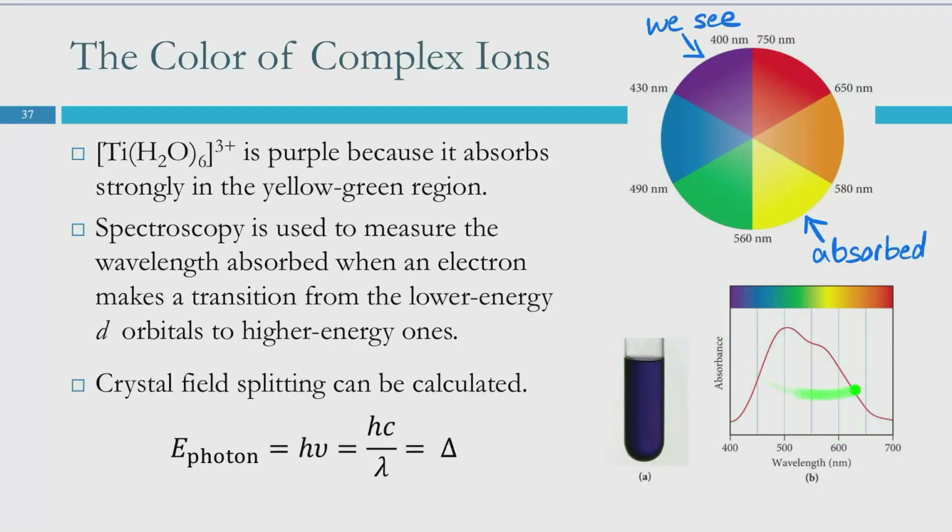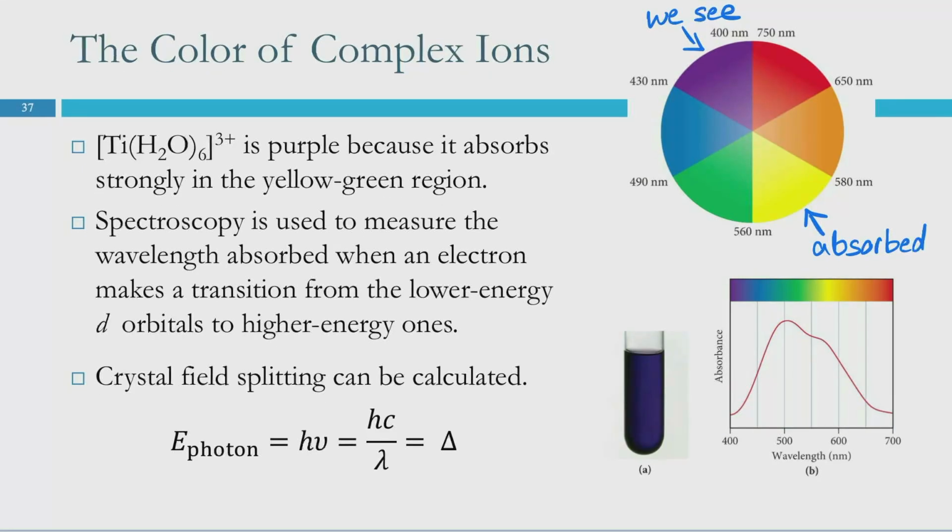If we really cared about getting good high quality results, we would take a look at it with a spectrometer or a spectroscopy device, and then it would tell us all the wavelengths that are absorbed. We did some stuff with this in lab. So that's the wavelength absorbed when an electron makes a transition from a lower energy d orbital to a higher energy d orbital.